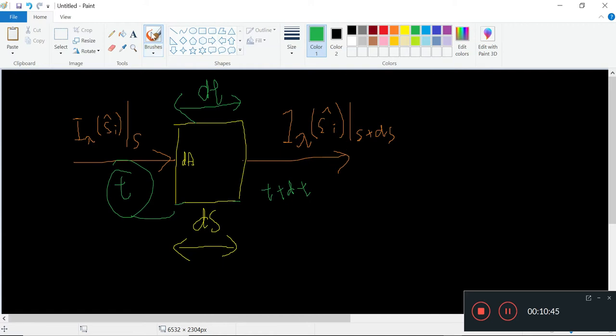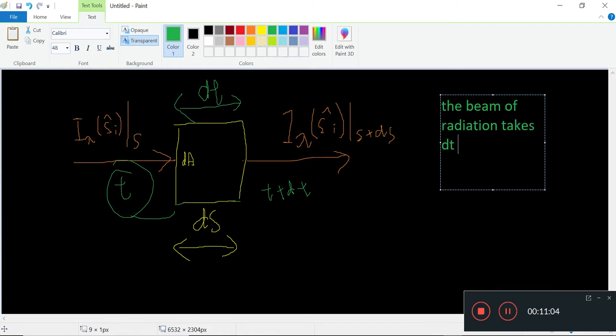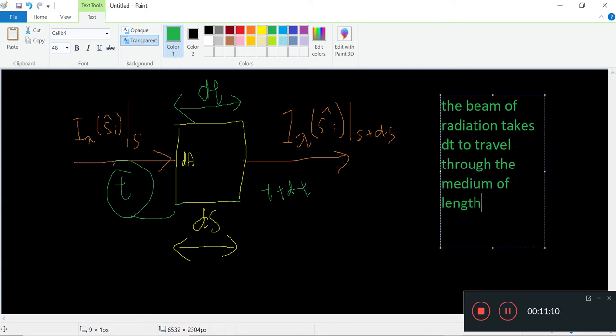So I'm going to type it out because it's really long. Radiation, or the beam of radiation, takes dt to travel through the medium of length ds.